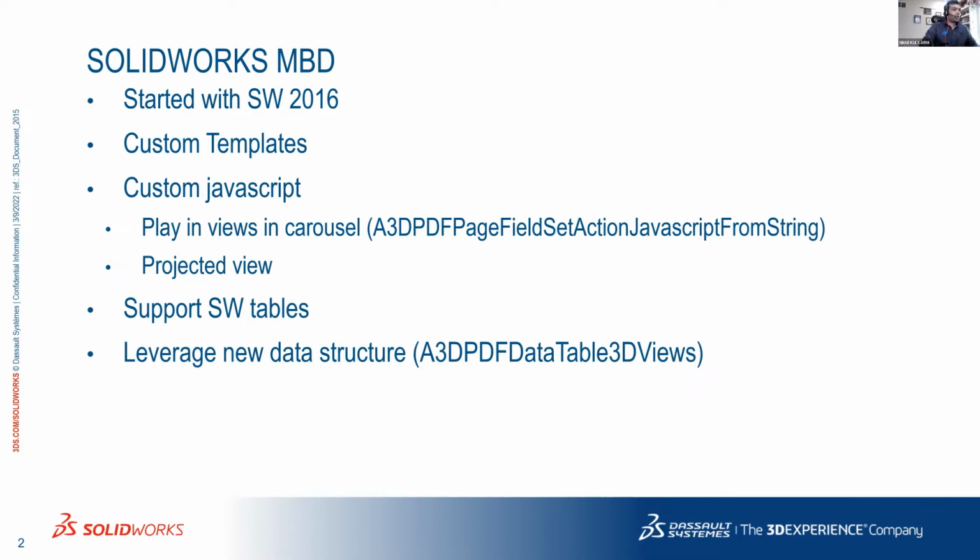I say new because it was not there when we started in 2016. It's not new anymore; it's been at least three or four years. What we achieved is showing custom configuration-specific data as tied to 3D views and BOM tables. I'll show what I mean by that, and I'll reference it in the custom template.